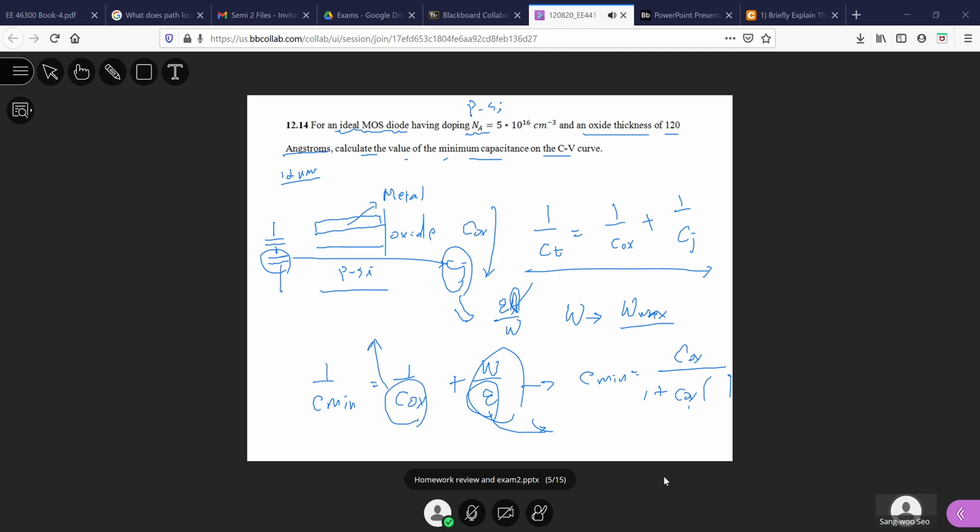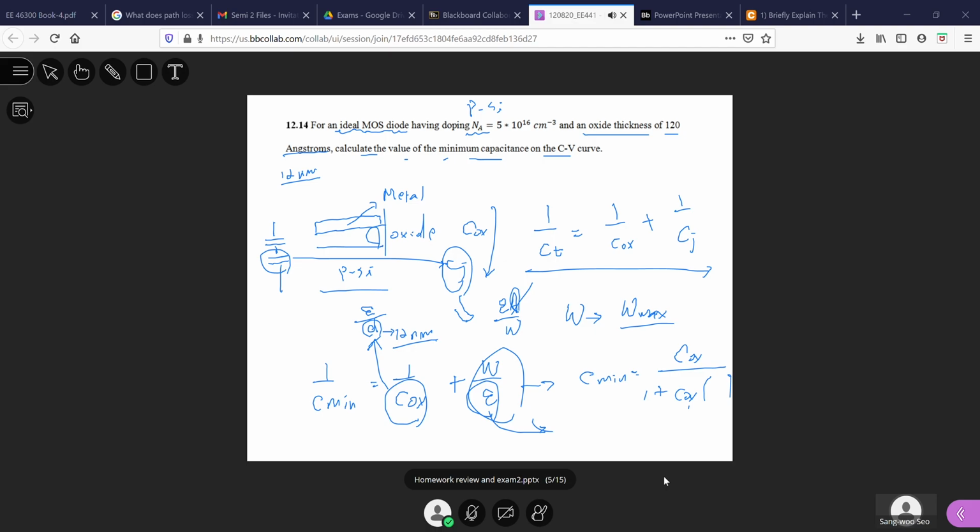COX we can calculate from epsilon of the oxide and the thickness here. Similar to this equation, the thickness is 12 nanometer that we put.